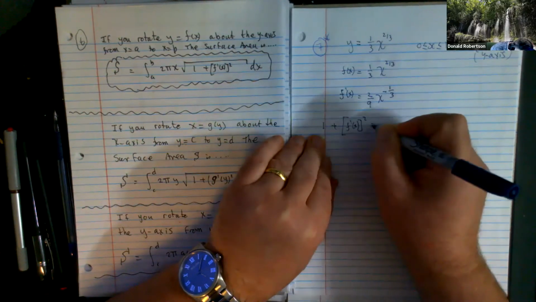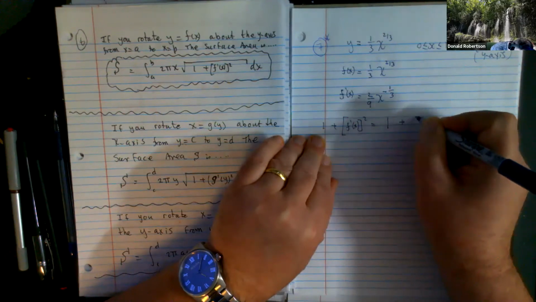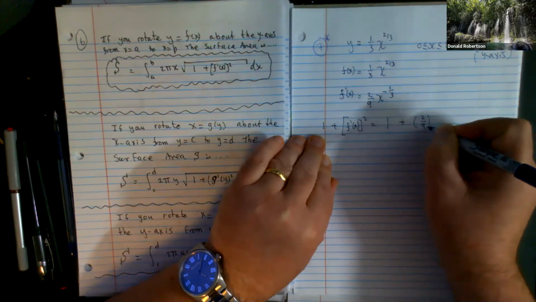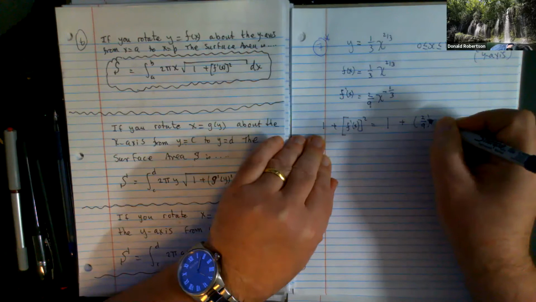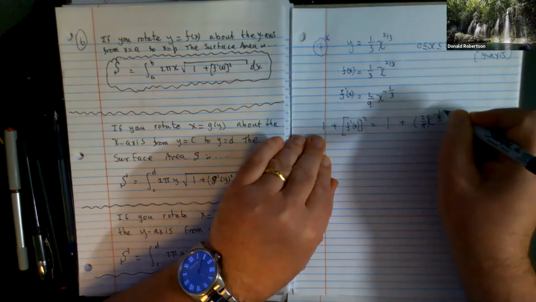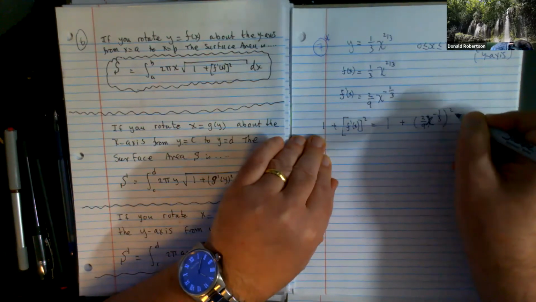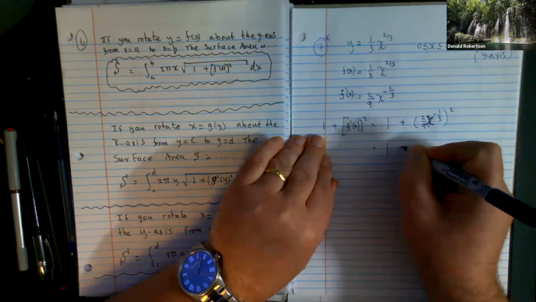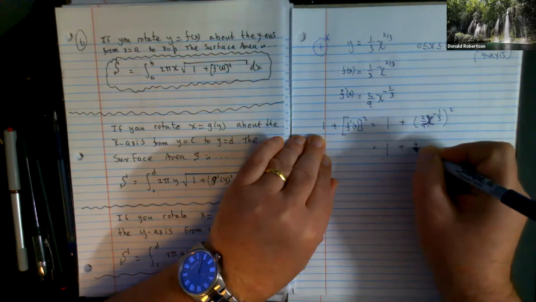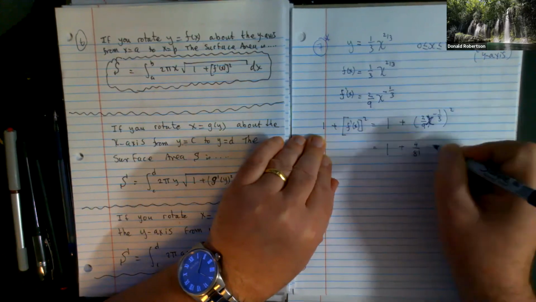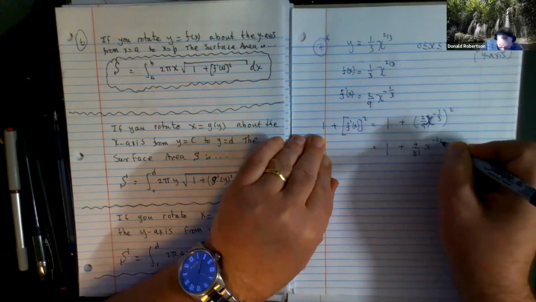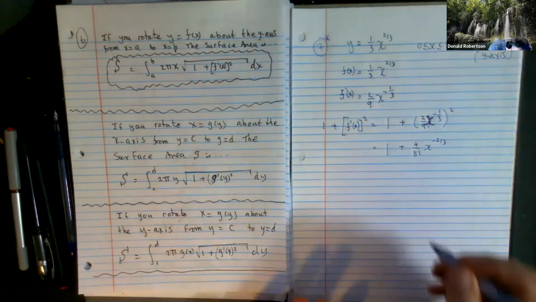So that's 1 plus, oops, no. Squared. 2 9 squared gets you 4/9. x to the negative 1/3 squared gets you x to the negative 2/3.